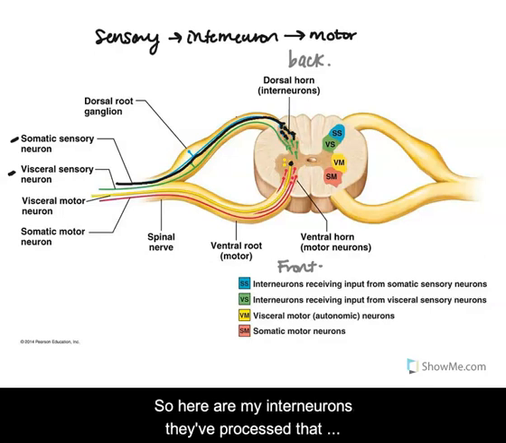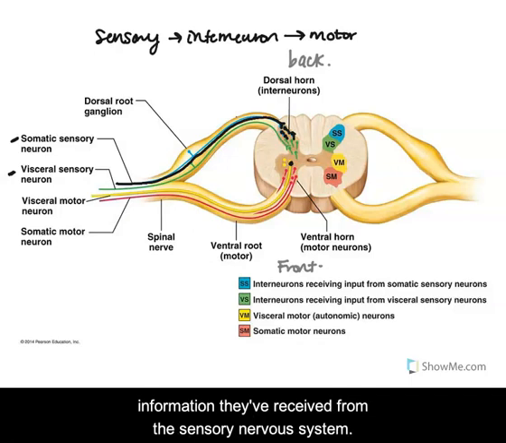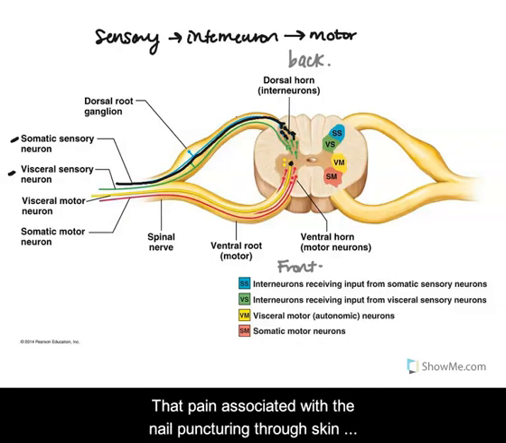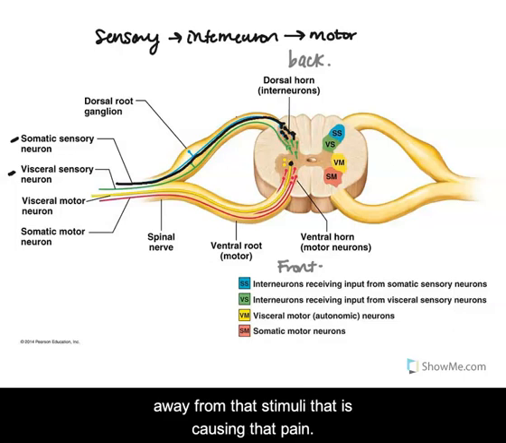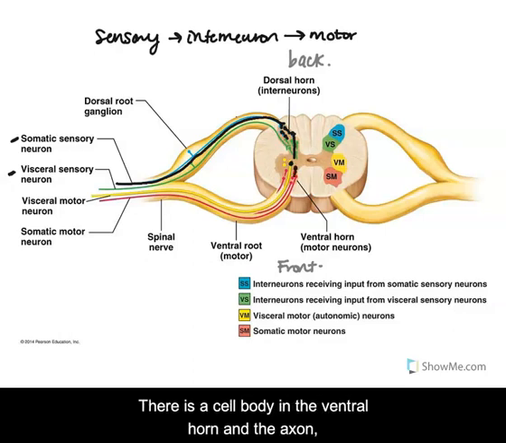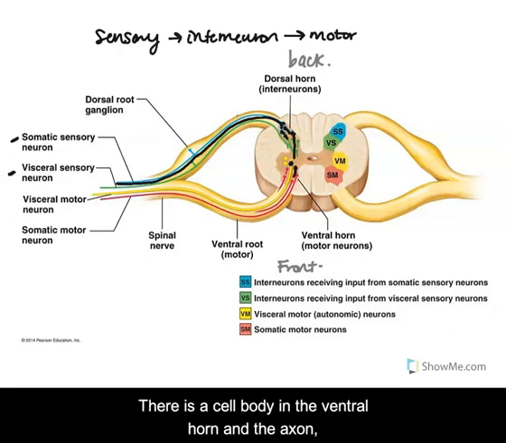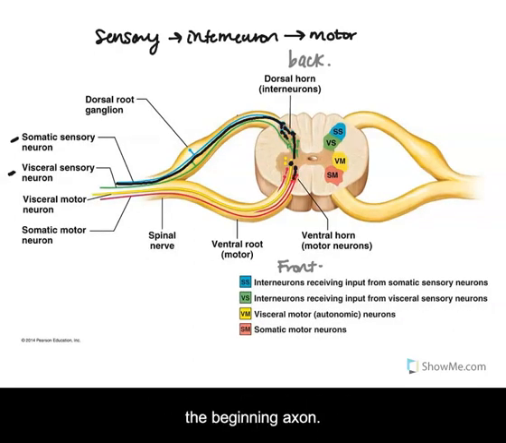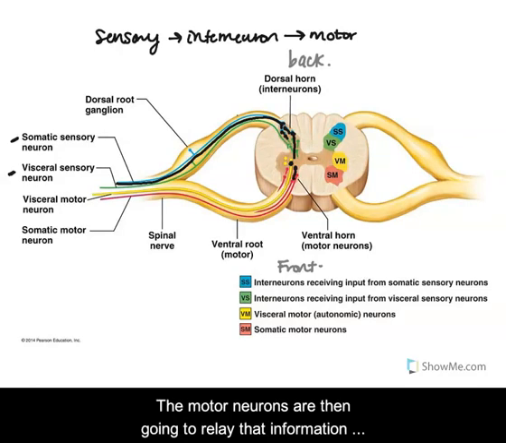They've processed that information they received from the sensory nervous system, that pain associated with the nail puncturing the skin, and they've determined that they want the individual to move away from the stimulus that's causing that pain. Well, that information then gets sent over to the motor neurons. So I'll highlight the motor neuron here. There's the cell body in the ventral horn and the beginning axon. There are other motor neurons that are then going to relay that information over.